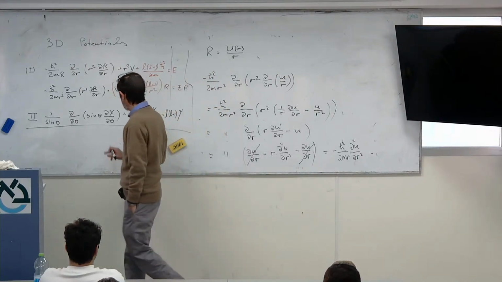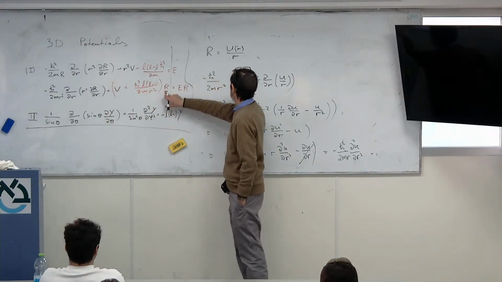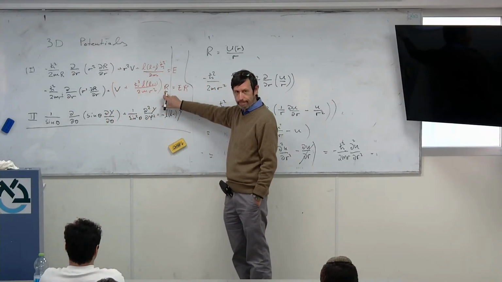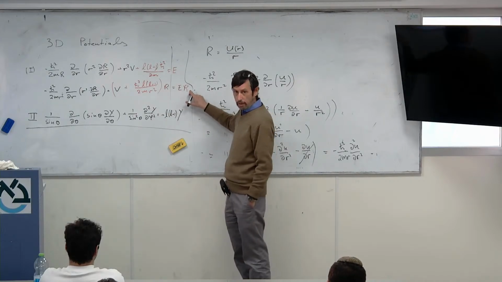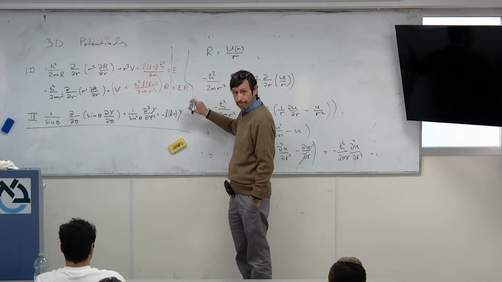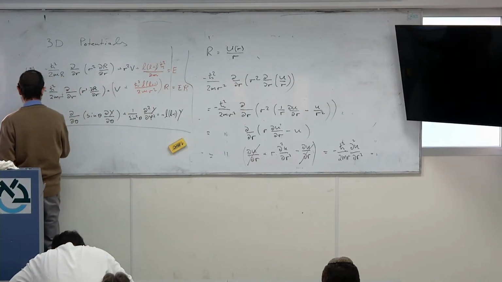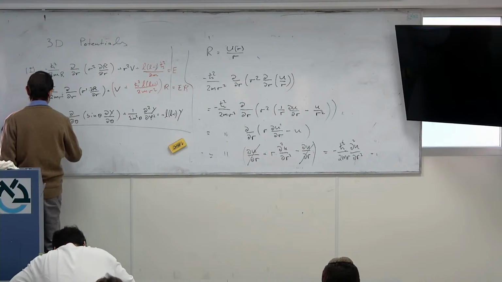Now I'll go back and pay attention. R here will become u over r. And r here will become u over r. So 1 over r drops. So I'm ending up with equation 1.